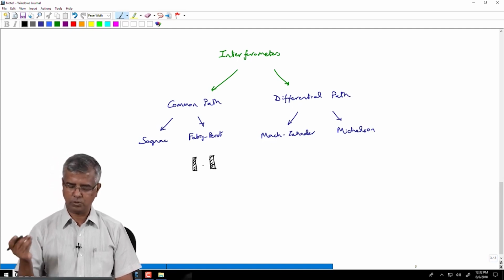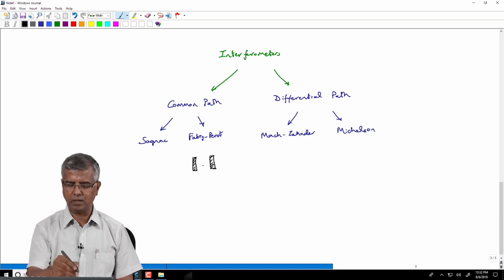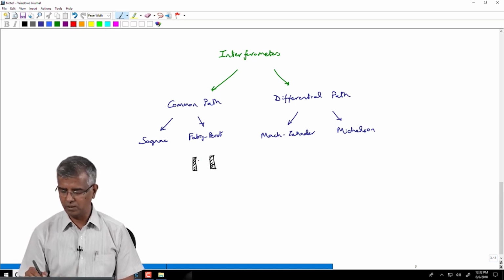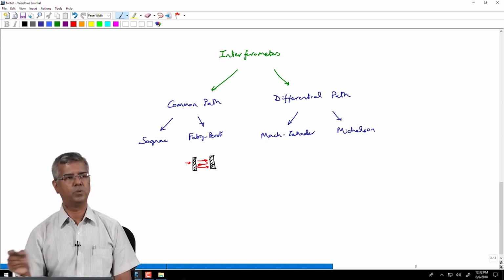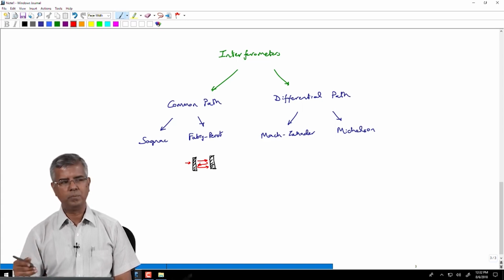And of course, what is the interference that we are talking about? What we are talking about is light that goes into this, it goes this way, takes a bounce, goes this way, and takes a bounce and goes this way, and so on. It just goes back and forth. So, what are the multiple interfering sources?